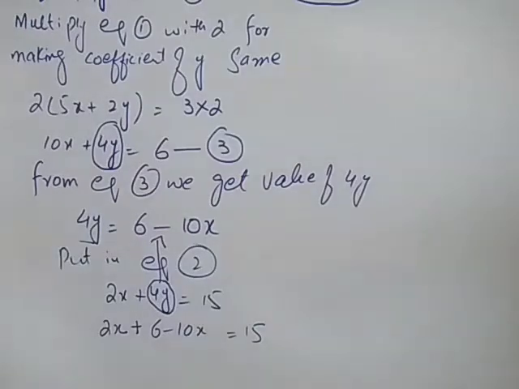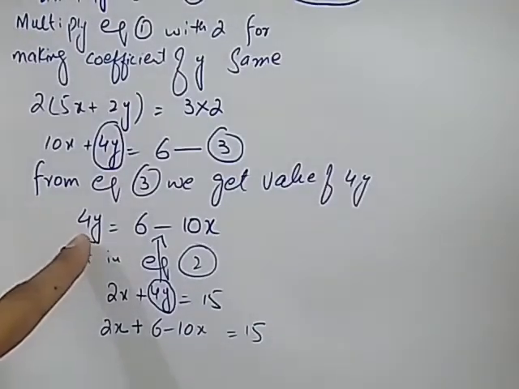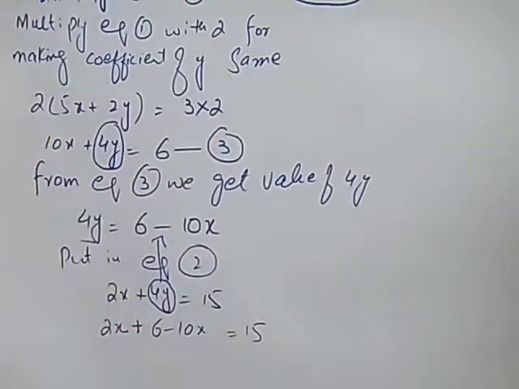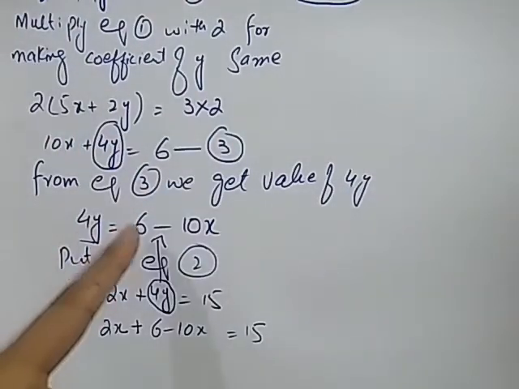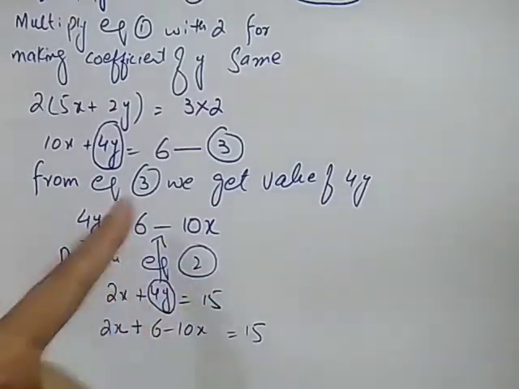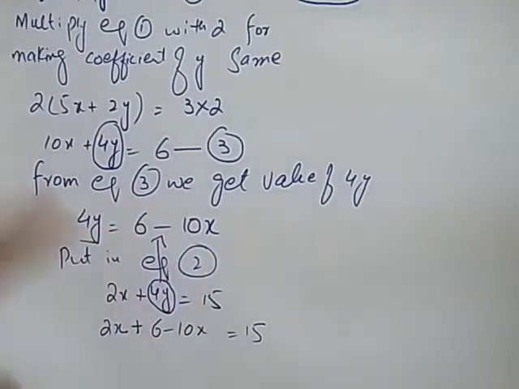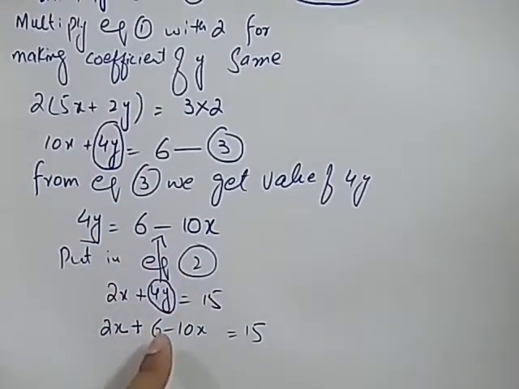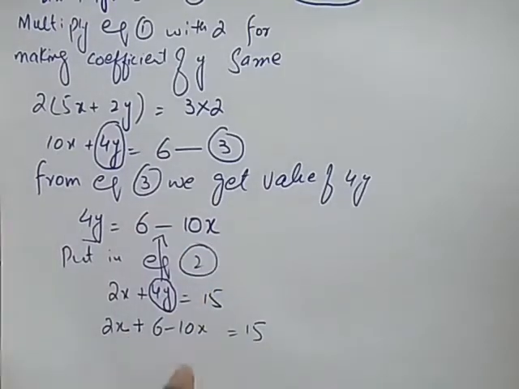Just note this point: I have taken the value of 4y, and this whole 4y is to be replaced with 6 minus 10x. Remember, do not put this 4 again, otherwise the answer will be wrong, because the whole value is to be put at the place of 4y, since 6 minus 10x is the value of the whole 4y.